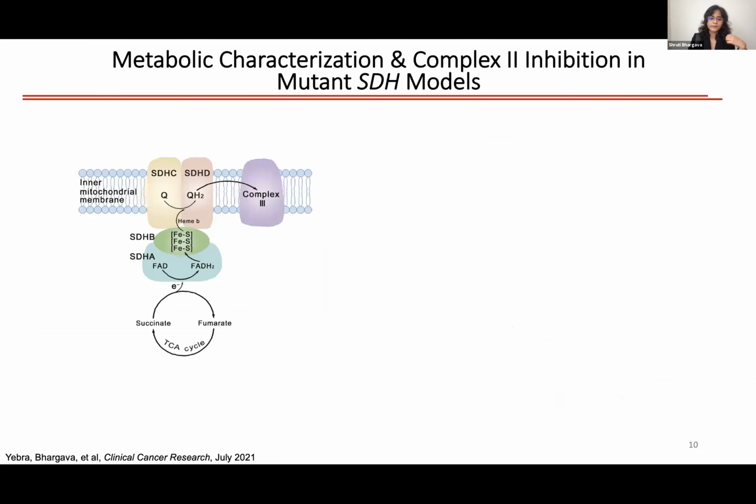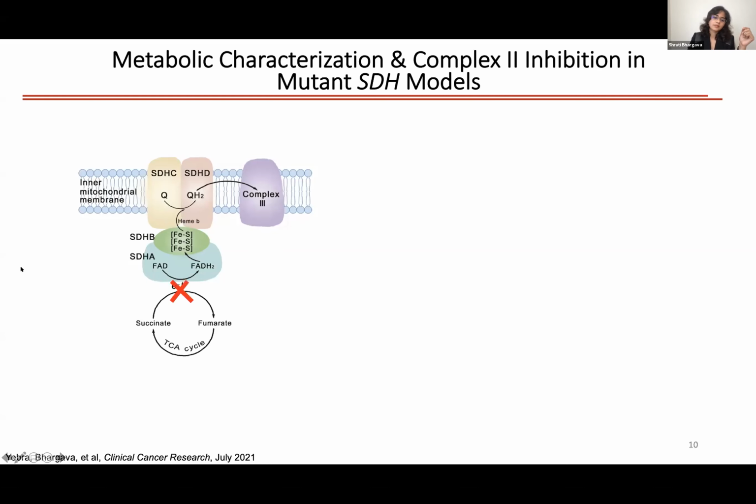Now, going into a little bit more detail about how SDH works in the cell, as we were discussing earlier, the SDH enzyme complex is formed by 4 subunits, SDH-A, B, C, and D. A mutation in any of these subunits can lead to a defective complex and thus abrogate its functioning.